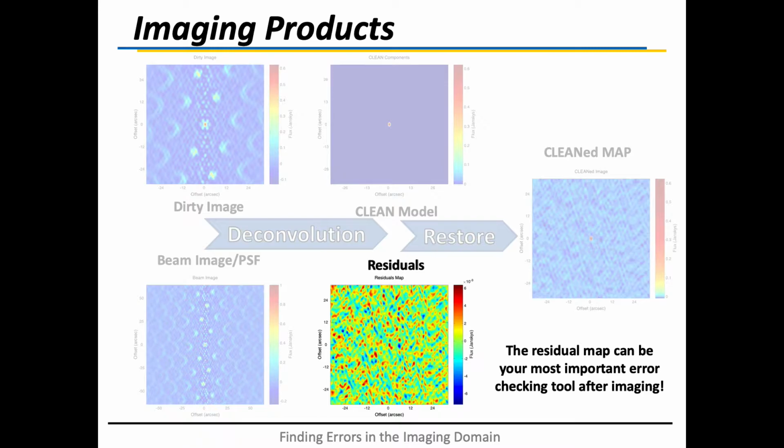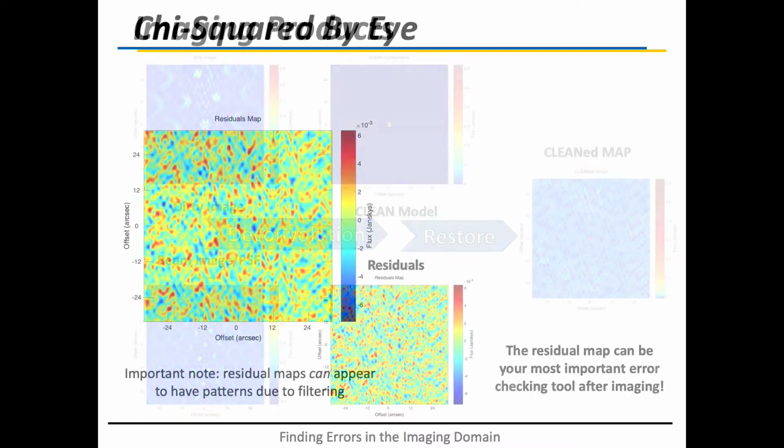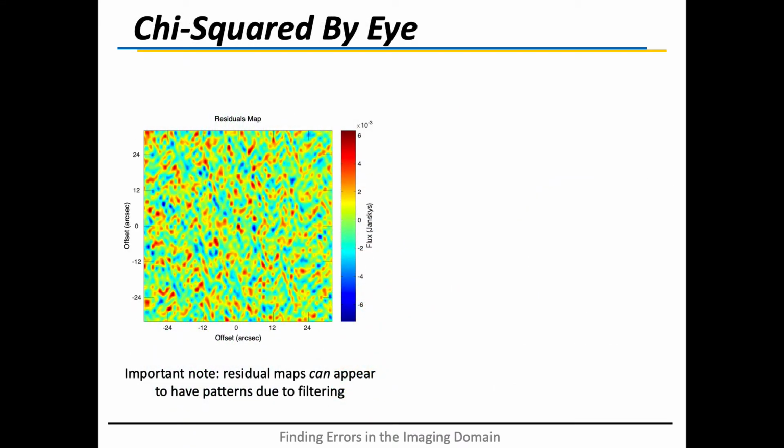All that being said, there's one important caveat when looking at the residual map. Residual maps can look like they have structure in them, even though they can be completely random. This seems like a strange oxymoron, but it makes a certain degree of sense in that the interferometer is only sensitive to certain spatial modes.